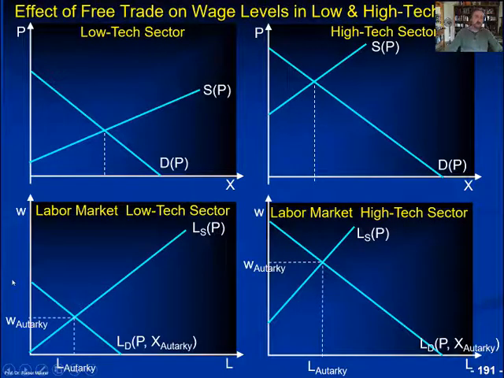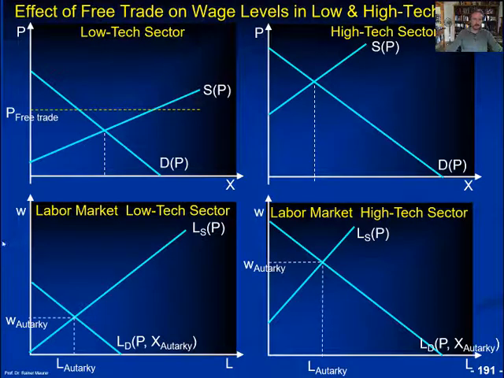If we now introduce free trade and assume, for simplicity, the case of a small country, such that the world market price is not changed by the demand or supply of this country, the following happens with the wage rates. In the low-tech sector, the world market price is higher than the autarky price.